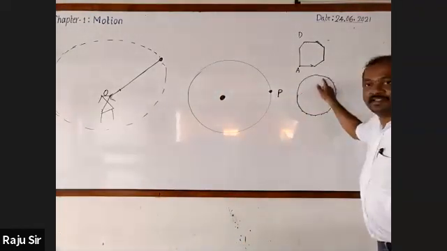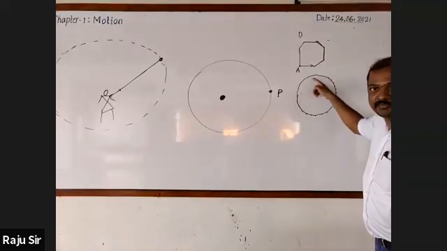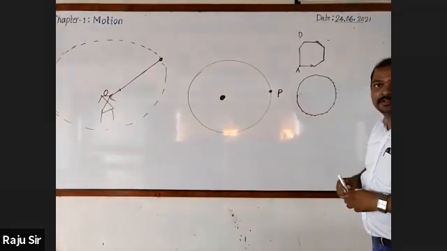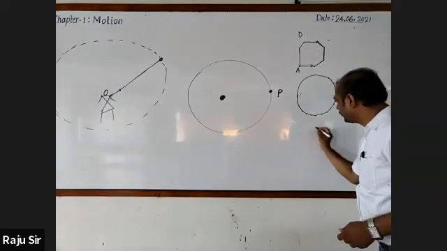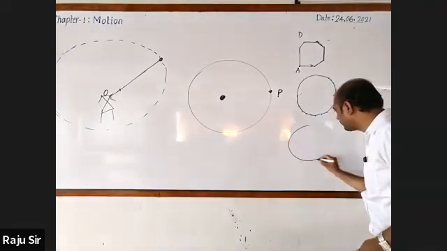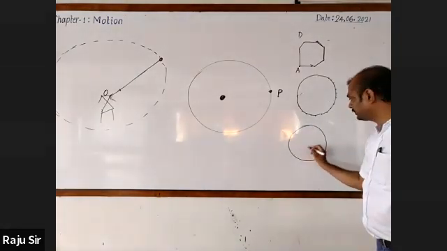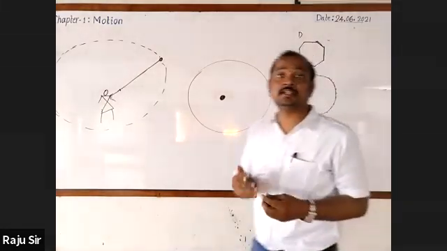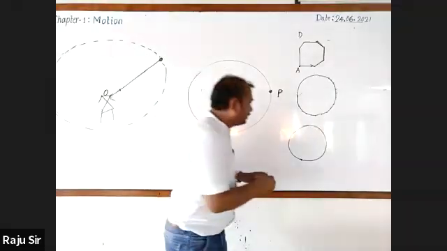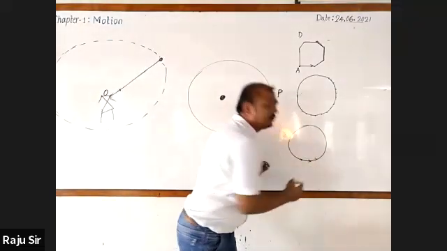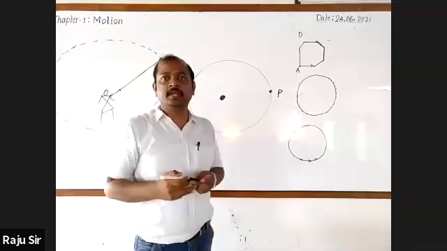Observe. Now the body has changed direction n number of times. Suppose a body is moving in a circular path, how many times does it change its direction? Infinite number of times, right? That means as it changes its direction, we can say that it changes its velocity as well.